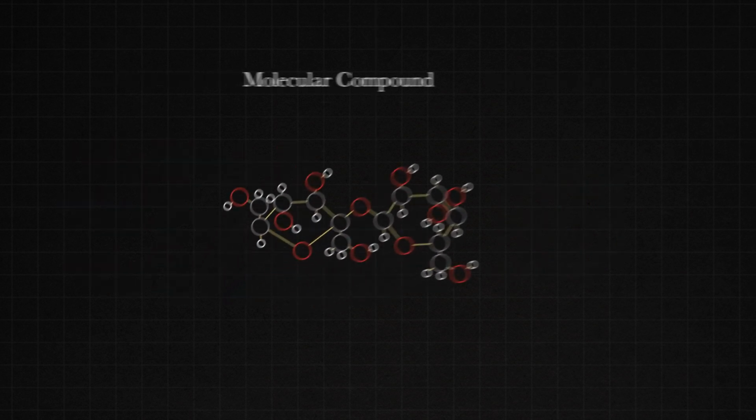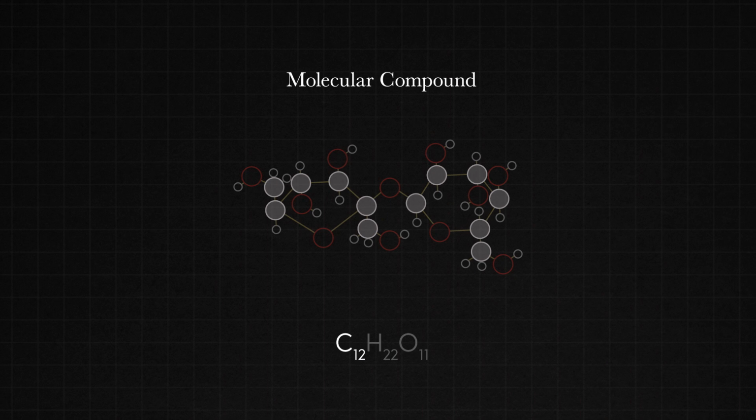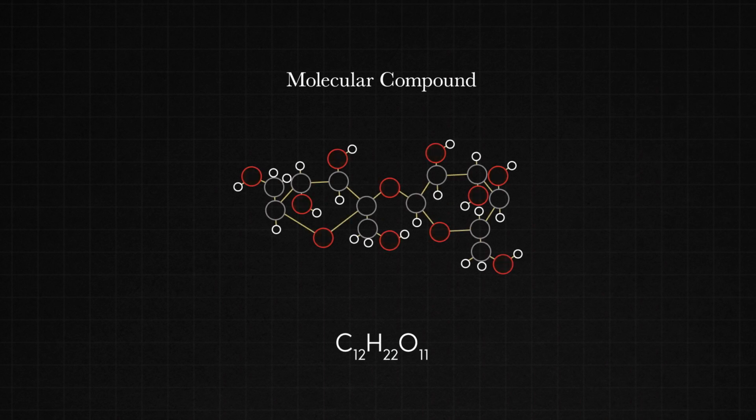For a molecular compound, we give the chemical formula of the molecules, which for sucrose is C12H22O11. This formula communicates that the particles in sucrose are molecules, each with 12 carbon, 22 hydrogen, and 11 oxygen atoms chemically bonded to make a single molecule.